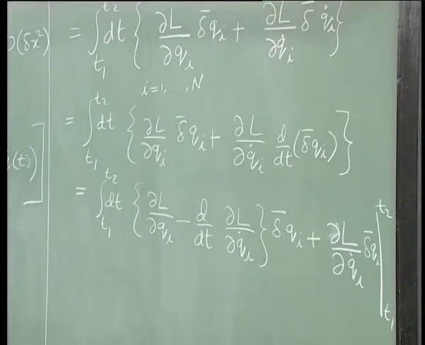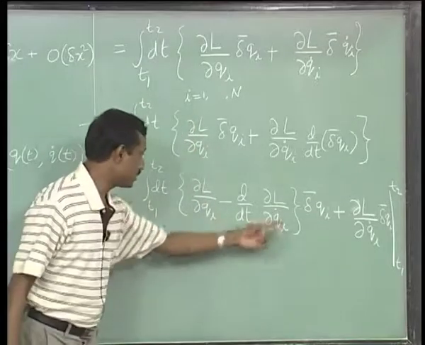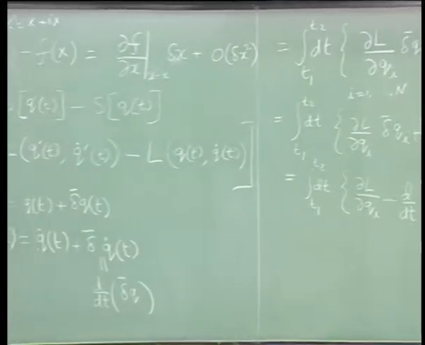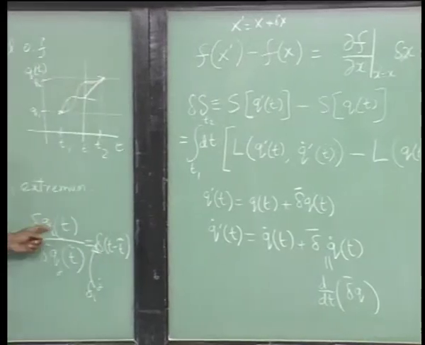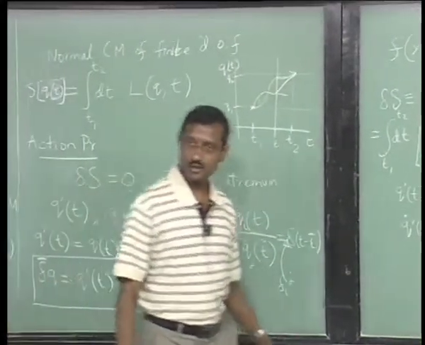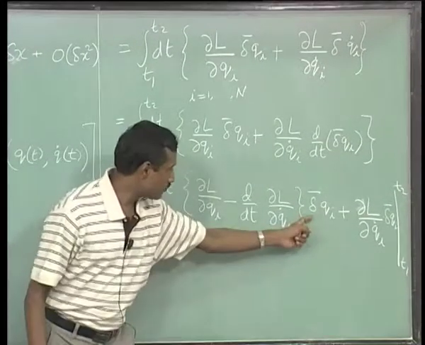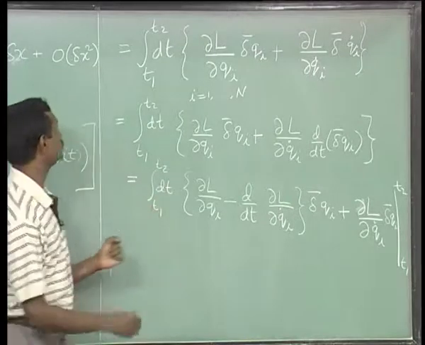We choose our boundary conditions such that the surface terms vanish, and now comes the point which I have been emphasizing all through, that at different times the variations are independent of each other. So this is an integral over t, that means for every particular time inside this, if this has to vanish, this should be 0.